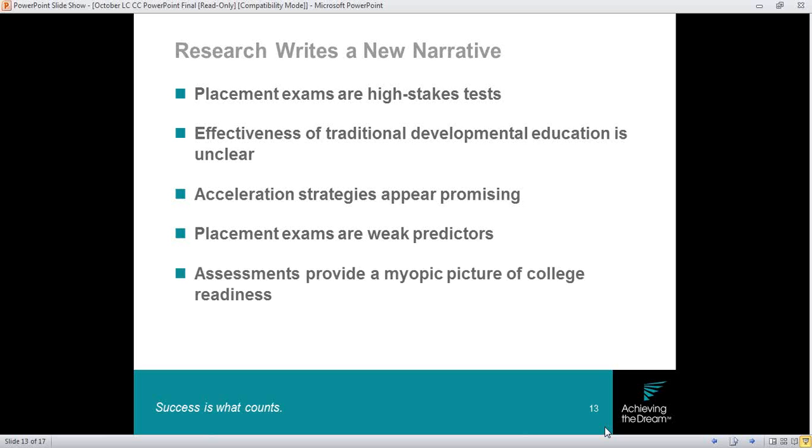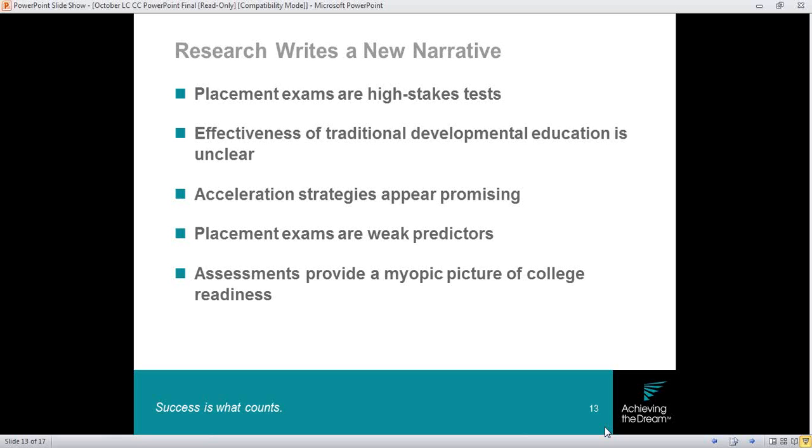And the last point is also important, which is as states are thinking more and more about college readiness, it begs for definition. And the definitions of college readiness that are coming out include a wide range of skills and behaviors, not just the English and math skills that are assessed by these tests.